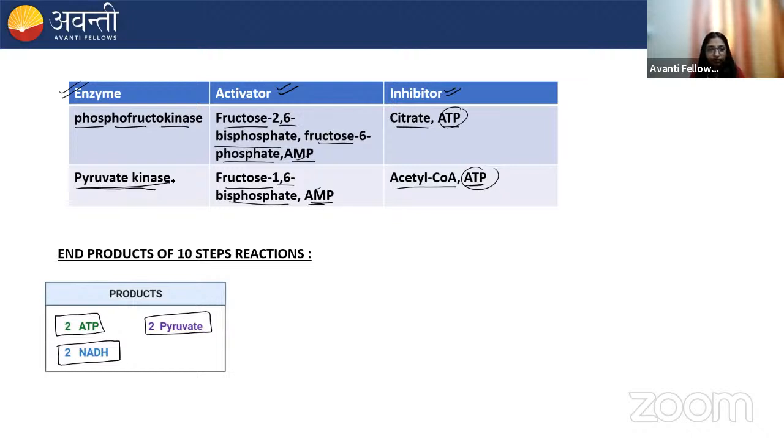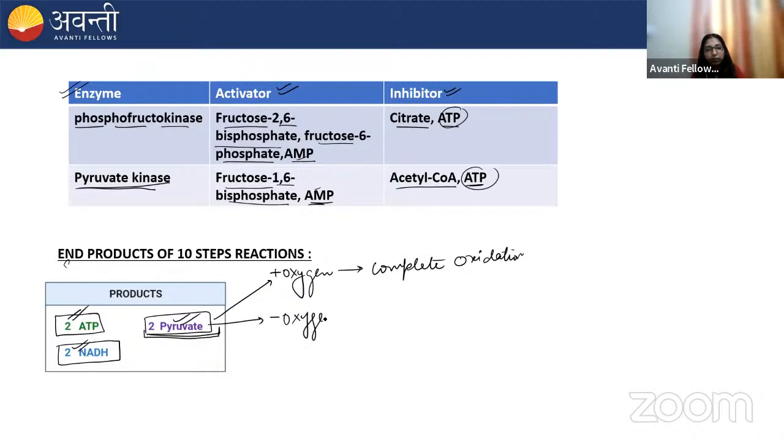Remember, that is why the end product contains only 2 ATP, and 2 NADH are formed and 2 pyruvate molecules are formed. And the fate of this pyruvate molecule: if oxygen is present, it can undergo complete oxidation. If oxygen is absent, it can undergo fermentation.